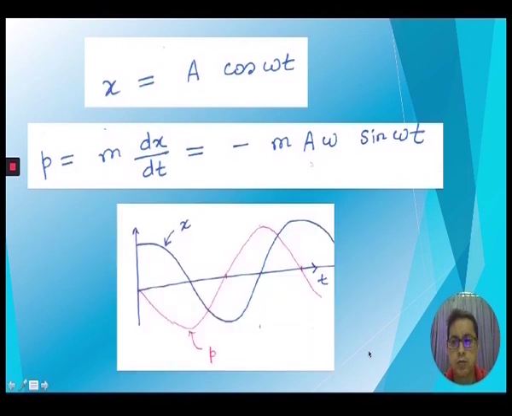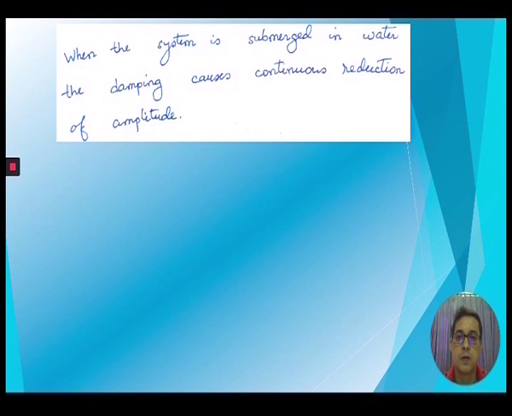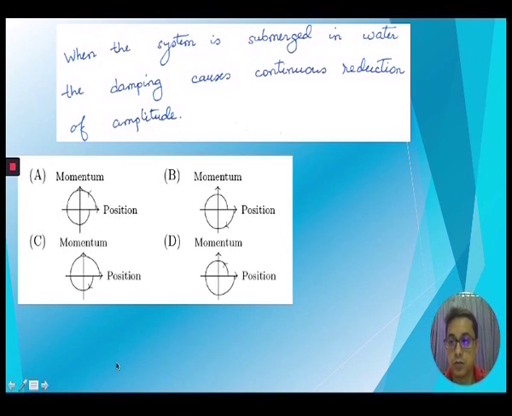As x increases with time, the momentum goes in the negative direction. This hint is good enough to find the phase trajectory. Another thing is that the system is submerged in water, and because of that, damping causes a continuous reduction in the amplitude.